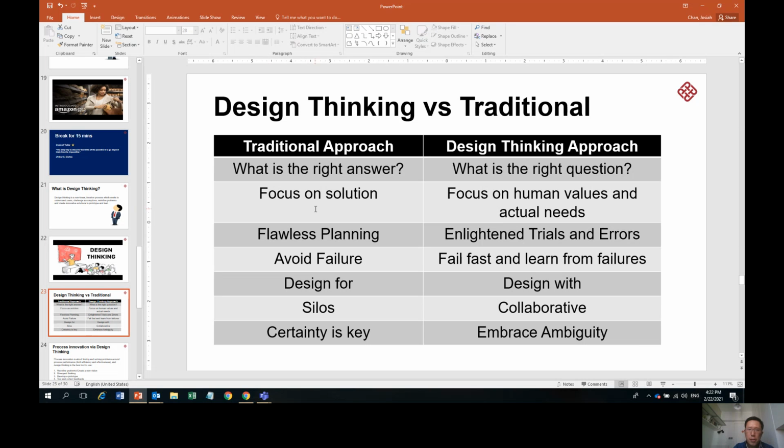The second point is that the traditional problem-solving approach is very much focused on solutions. They rush to get solutions to solve the problems, focusing a lot on the technical aspects. But design thinking is more human-centric. There may be multiple solutions, but the best solution always focuses on human needs, human values, and actual needs.